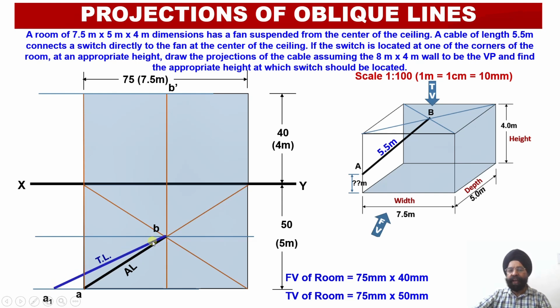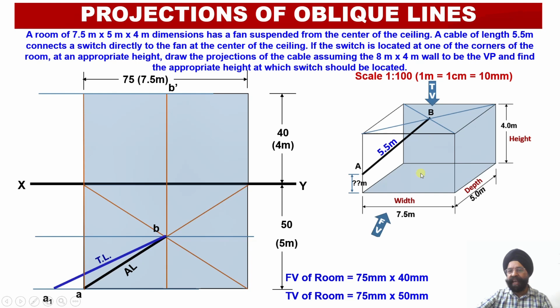Now, once I obtain this true length, I also know that the locus line corresponding to the point B dash will lie over here. That is, from point B, if I draw a vertical locus line, my B dash point is going to lie over here.